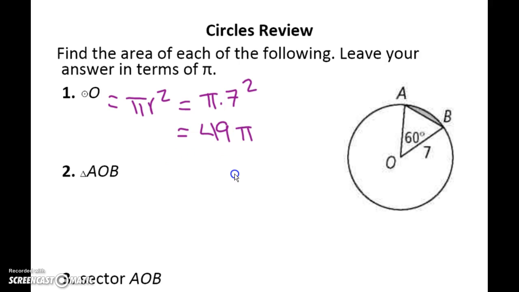Now it wants the area of triangle AOB. Triangle AOB has a 60-degree angle. I can say that that is also 7, just because I know that they're both radii.